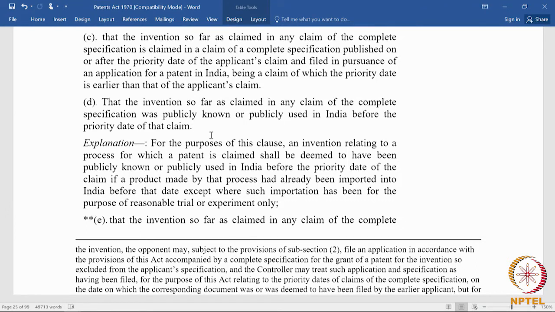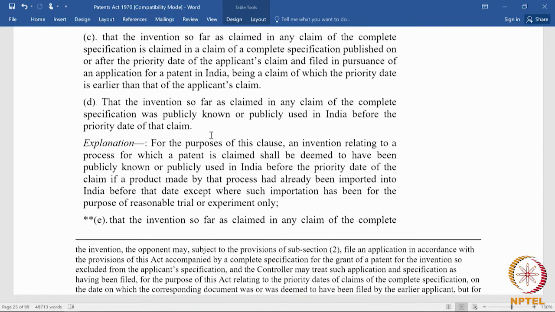So, assume that a person files an application on Jan 1st, 2017, another person files a similar application on Feb 1st, 2017, and let us also assume that they are almost verbatim, though they did not have the benefit of each other's application, they map on each other.